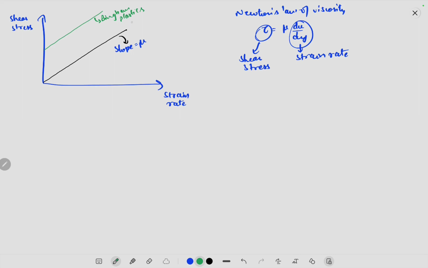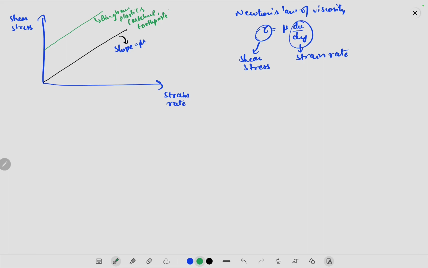Examples of Bingham plastics are ketchup, the tomato ketchup that you like with potatoes, and the other example is the one that you use daily in the morning or maybe at night, that is toothpaste.